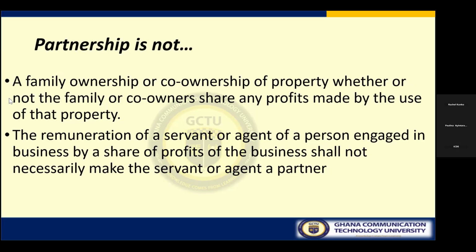So now when we take the first one, that's what it means. Let's take it that we are a family, and then our father passed on, and in bequeathing his estates, or our mother passed on, and they were into business.